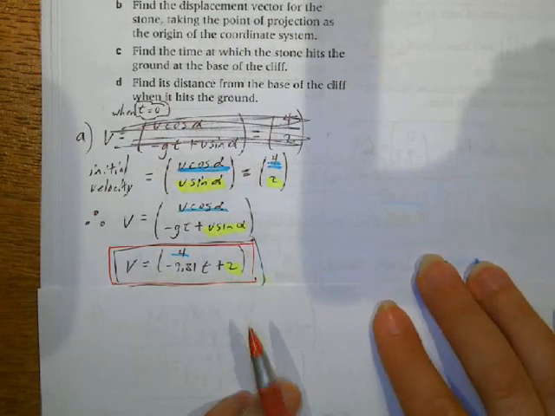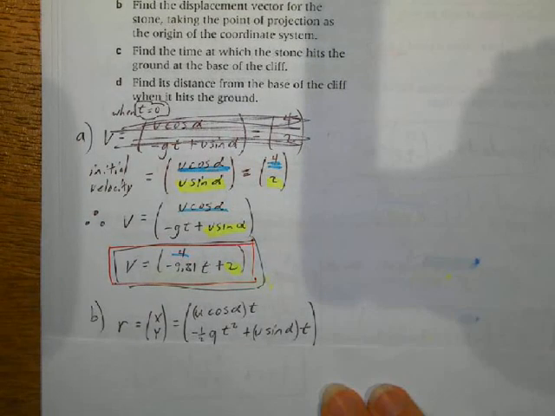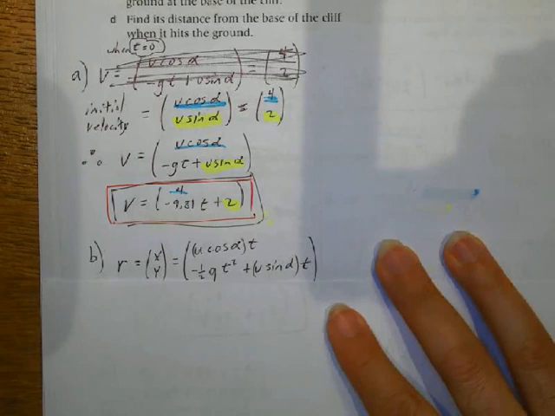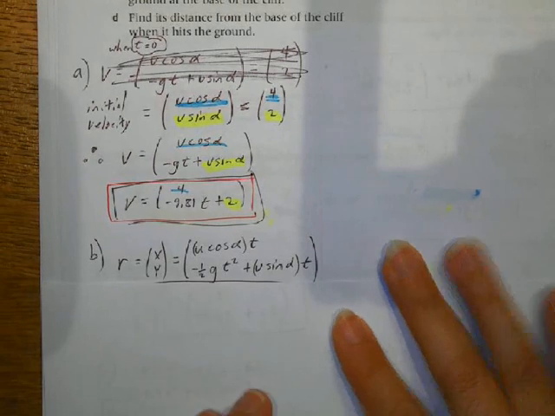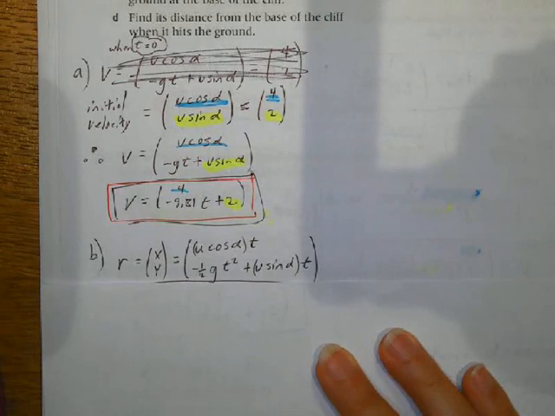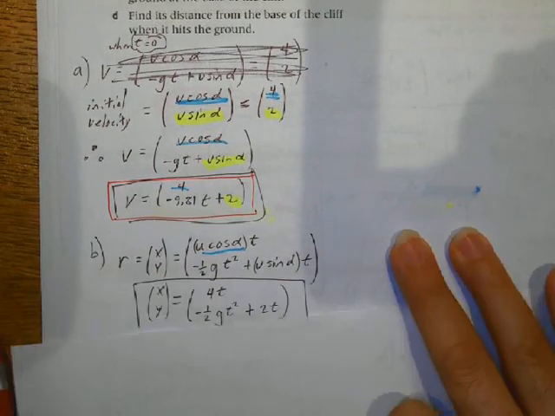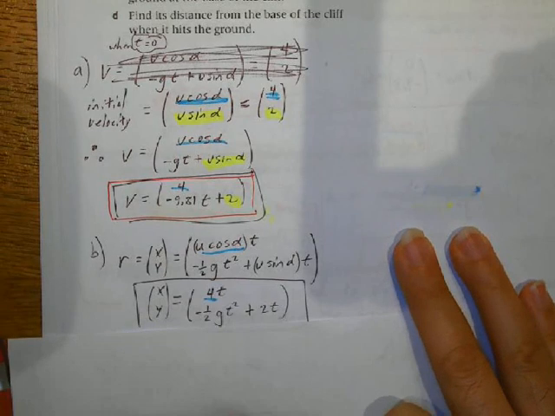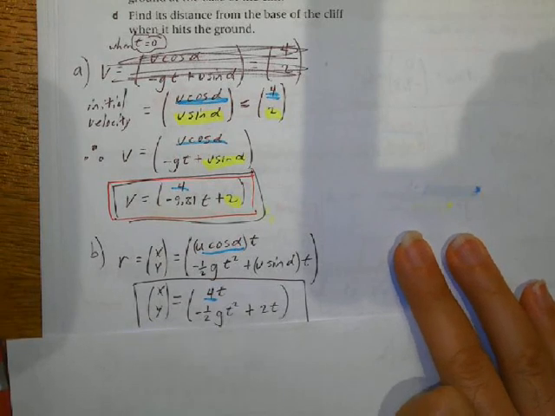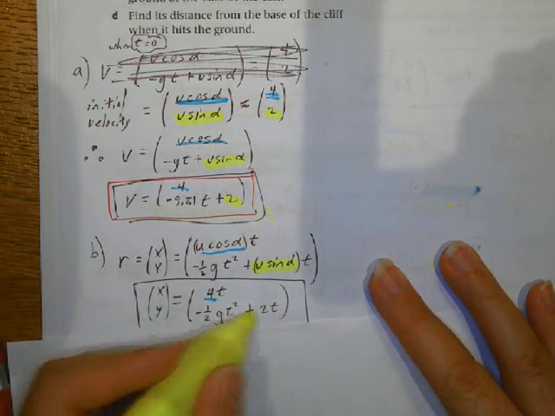So here is the displacement vector formula from the earlier page. And just like before, I'm going to replace this with 4, and I'm going to replace this here with a 2.